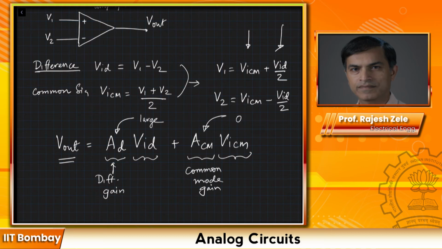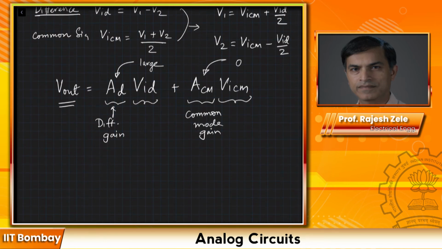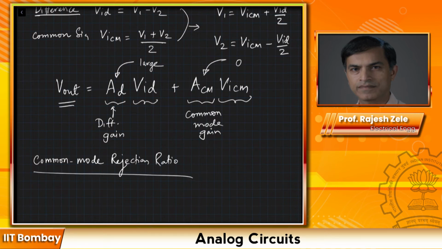So the new term I'm going to introduce early on for you is how good that amplifier is for this particular property, and it's called common mode rejection ratio. Common mode rejection ratio is how good this amplifier is at rejecting the common mode signals. So it is given by the ratio of AD versus ACM. We want ACM to be 0 and AD to be large, so this number should go to infinity.